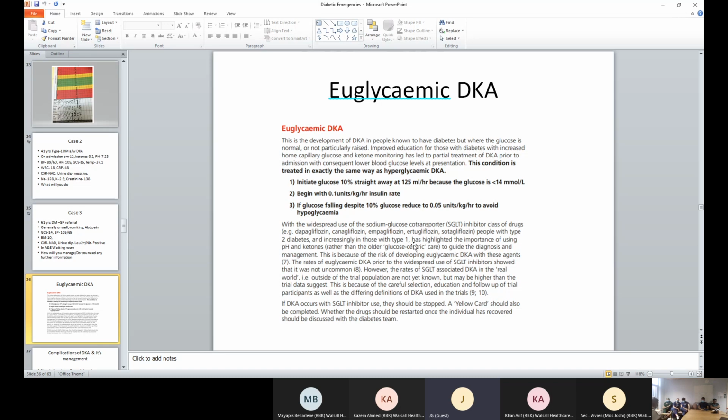In patients with heart failure and renal failure, I have given a dry sliding scale. That means I have not given any fluid, but continued only the insulin. Because in CKD5, if I give a liter bag, they go into pulmonary edema immediately. So that's why I have given a dry sliding scale.